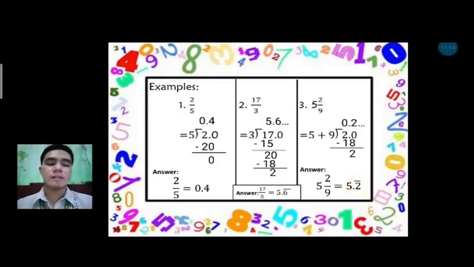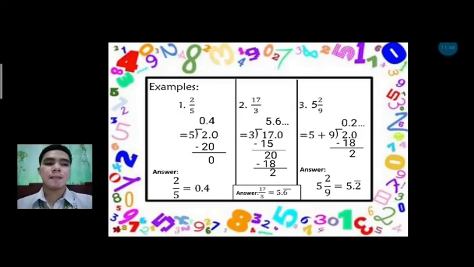I forgot to tell you that this bar at the top of 6 is vinculum, which means that the digit 6 is a repeating digit, as well as this. So 2 is the repeating digit. So this 5.2 with bar at the top of 2 means 5.22222 and so on and so forth.